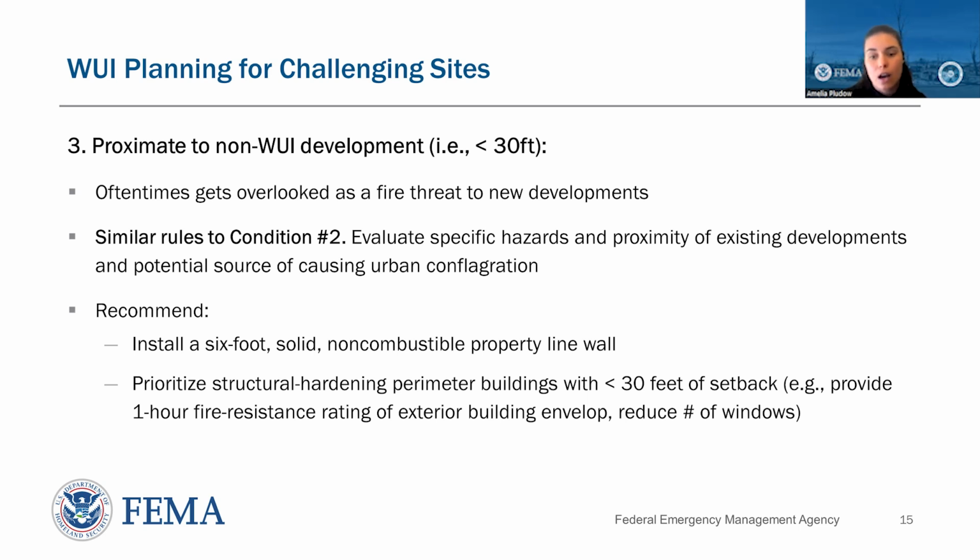In this case, we provide similar recommendations to those we just discussed. So evaluating specific hazards and the proximity and potential source of ignition, installing a non-combustible property line wall, and prioritizing structural hardening features for the buildings around the perimeter that are within 30 feet of other developments.